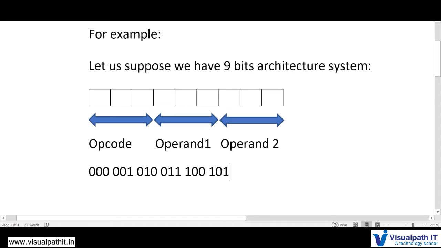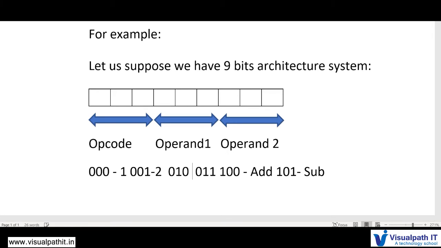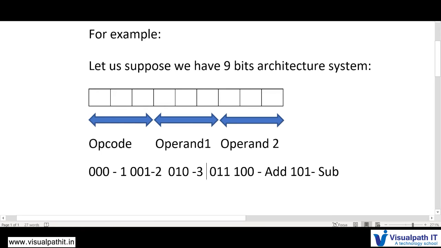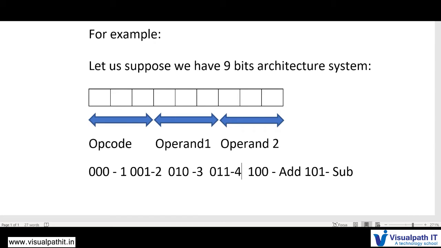So we can write that 100 represents addition and 101 represents subtraction, and 000 represents 1, and 001 represents 2, and likewise 3 and 4.